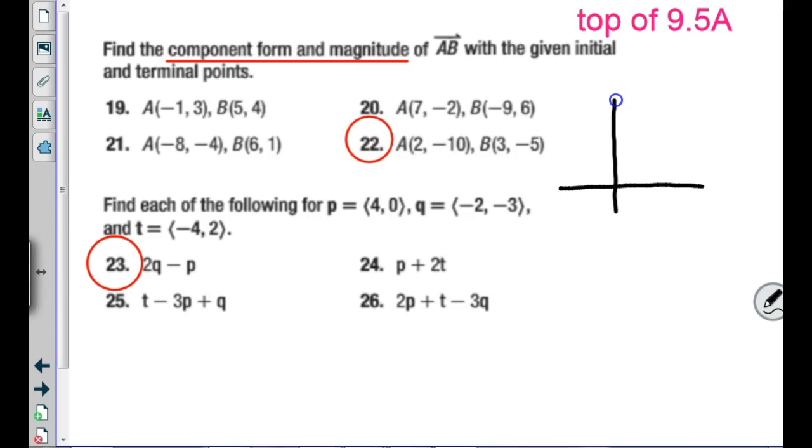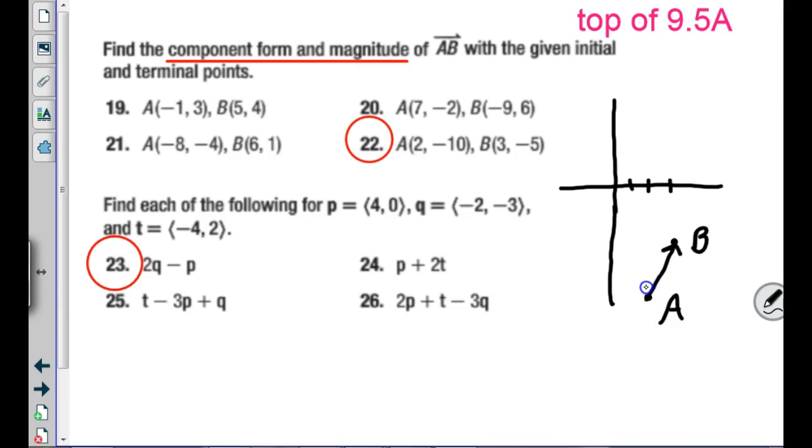Do you remember doing this? The vector goes from 2, -10, down here somewhere. That's A, to B at 3, -5. So it goes from A to B.